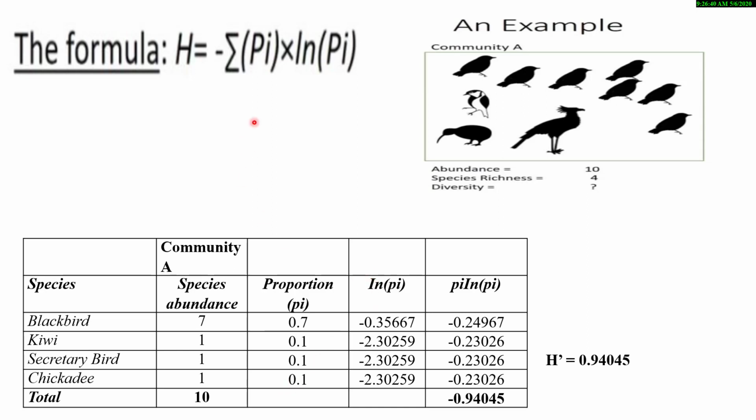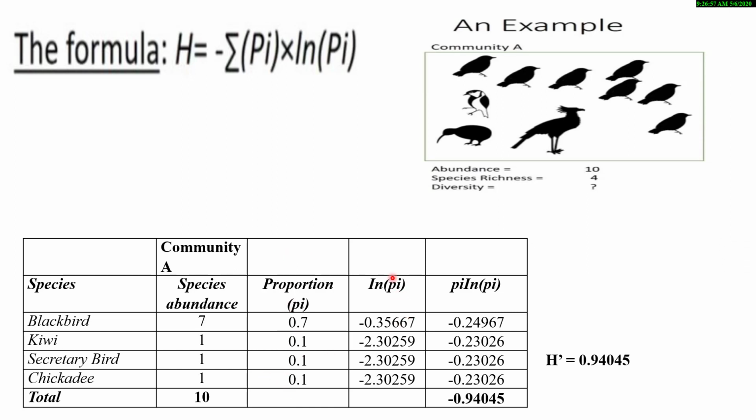Now, we are done with this. The pi, that's the proportion of individuals in the community, we've computed for that. That is this column.